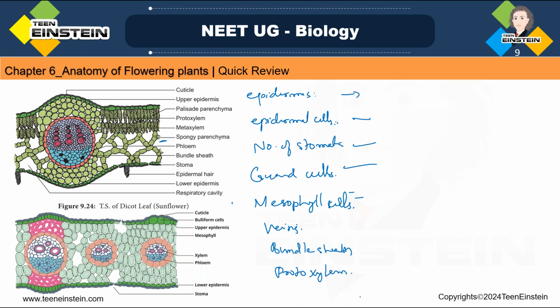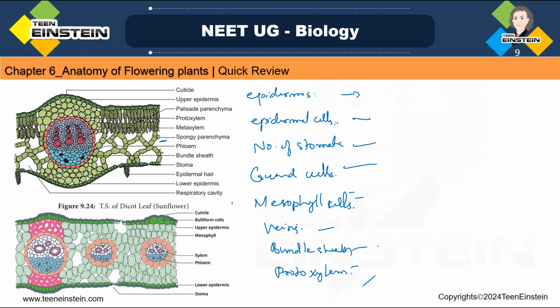Okay, then one last point about veins we said, bundle sheath we said, then the protoxylem. Protoxylem does not differentiate in which? In dicot leaf. But the protoxylem is differentiable into two large vascular bundles in which one? In the monocot leaf.